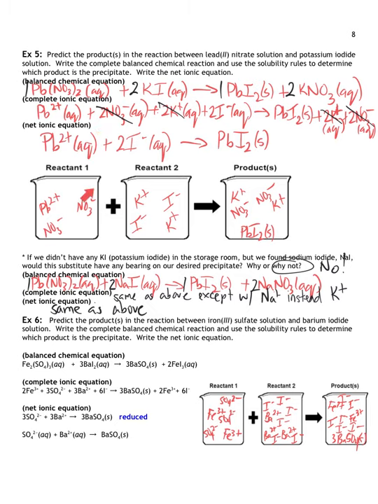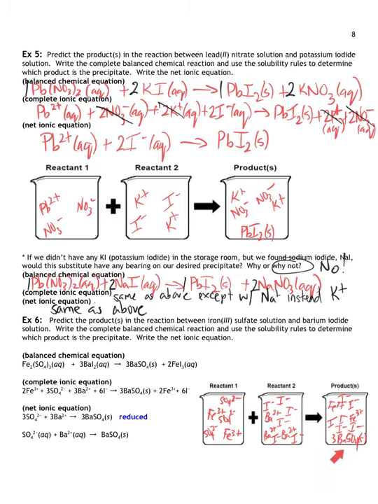Given that both will have the same desired precipitate, the cation is irrelevant. In other words, this potassium ion and the sodium ion are spectator ions. You're not going to see that exchange of potassium for sodium have an influence on the desired precipitate.